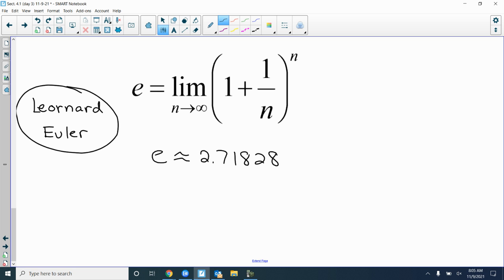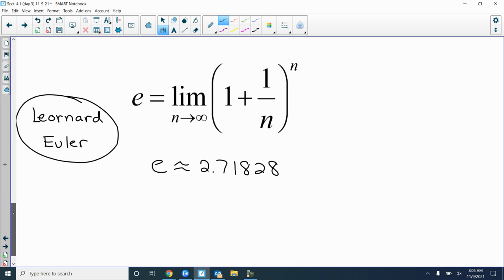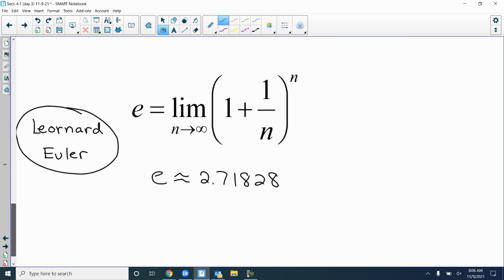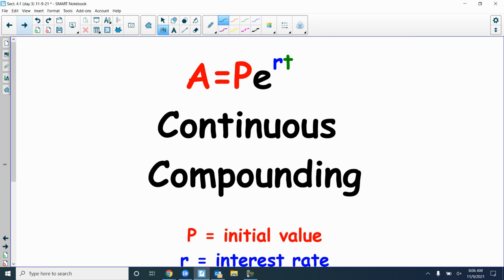Did a lot. Allegedly, he is the last person to know everything in terms of all of mathematics. Every little field of mathematics he was competent in. Now there are so many subdivisions that nobody knows everything about all of mathematics. But Euler did.